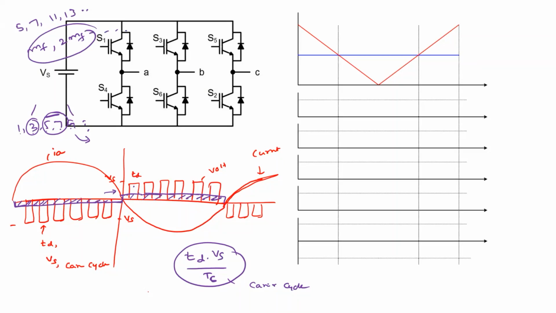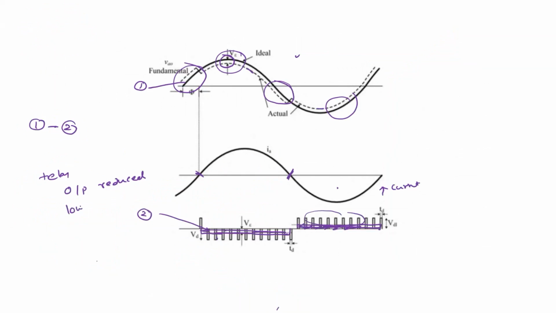So delay circuits cause lower order harmonics. So these two are the drawbacks with the delay circuits.